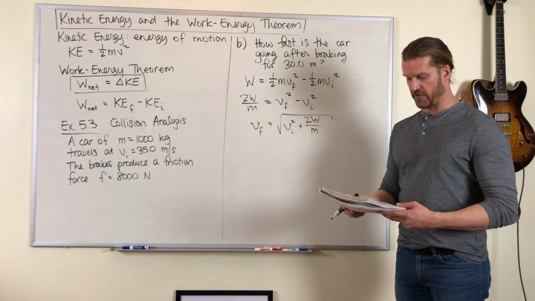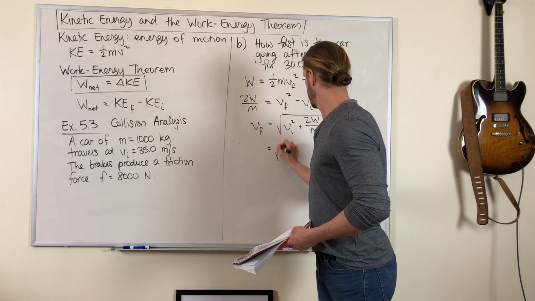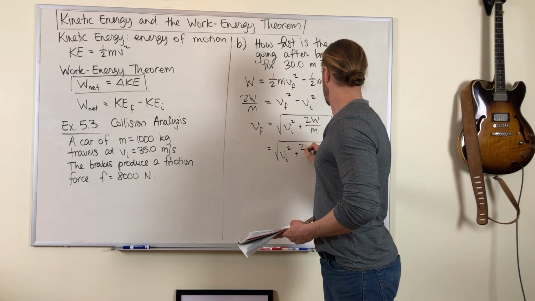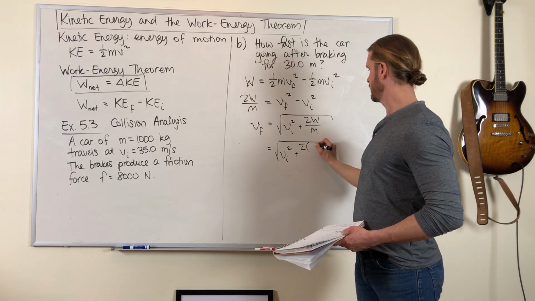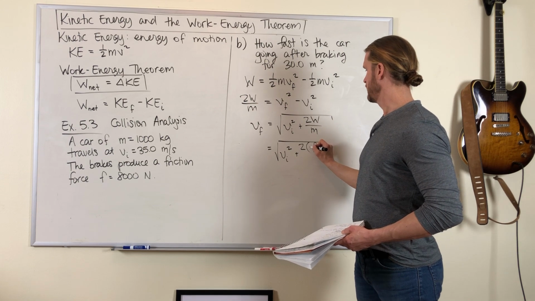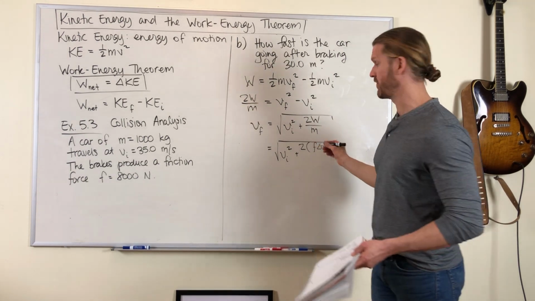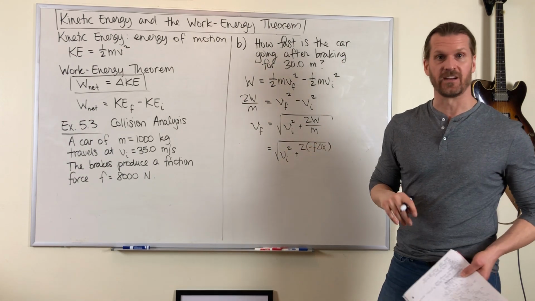That work has the same formula as before. It is the friction force times that distance traveled times cosine 180, because friction force is always opposite to the displacement. So we put a negative sign there.